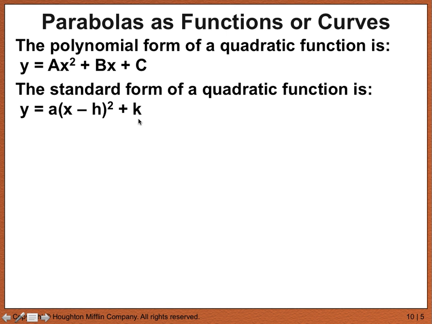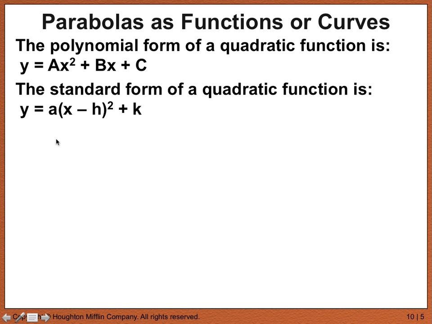H is the x coordinate of the vertex and k is the y coordinate of the vertex. And a simply indicates whether the parabola faces up or down. Positive is an upward parabola and negative is a downward parabola. And then the size of a determines the stretch of the parabola, how skinny or fat it is. Okay, but you don't need to know that for now.